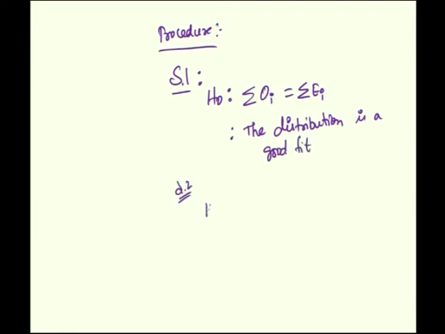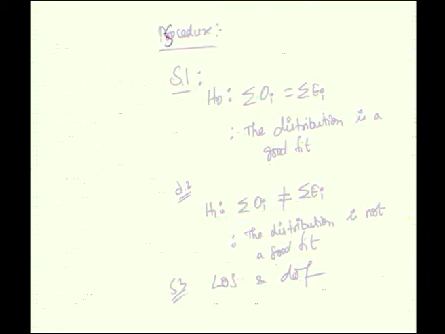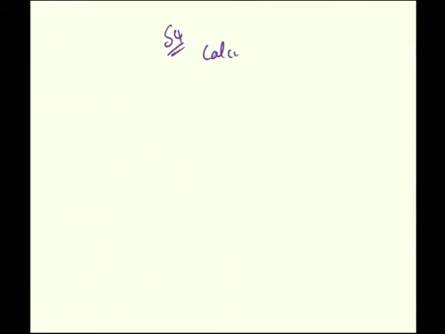Whereas in step 2 we set up H1 as summation Oi is not equal to summation Ei, where we say that the distribution is not a good fit. Step 3 is the usual level of significance and degrees of freedom part, and step 4 is the calculation of first Ei, because the frequencies given in the question will be called observed frequencies.